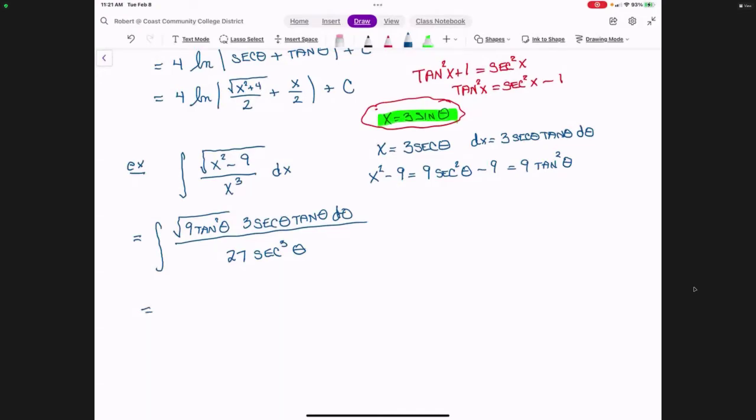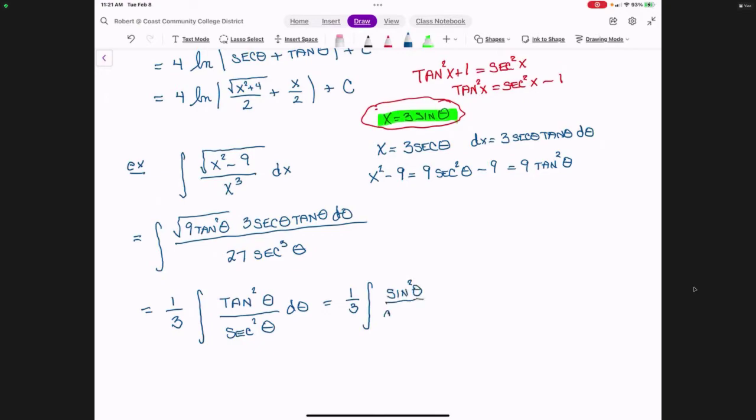Okay, so there's going to be a 9 in the top, so a 1/3 is going to live out front. And then there's going to be a tan squared theta over secant squared theta d theta. That's what it looks like to me. And we turn this into sines and cosines.